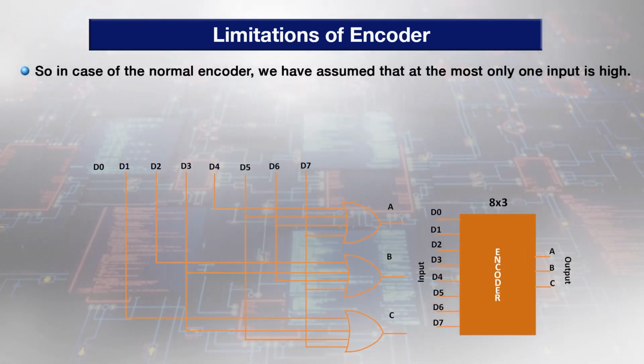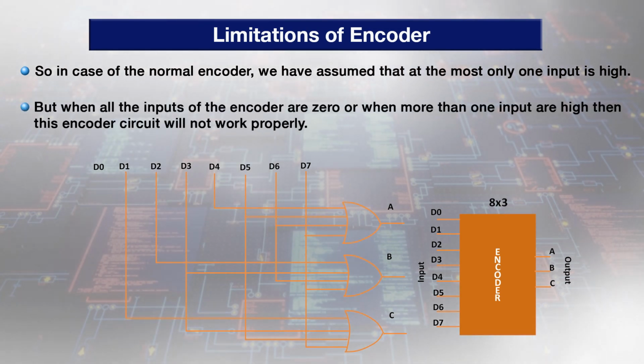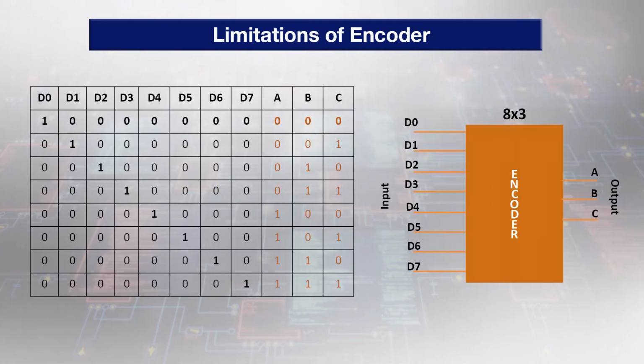In case of the normal encoder, we have assumed that at the most only one input is high. But when all the inputs of the encoder are 0, or when more than one input is high, then this encoder circuit will not work properly. To understand that, let us take the case of this 8 line to 3 line encoder.